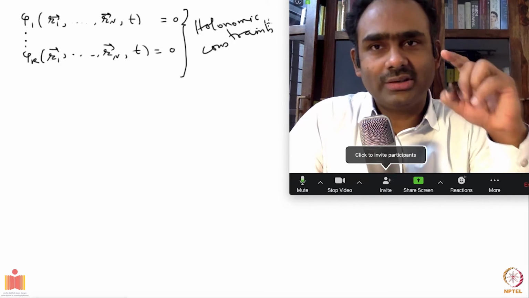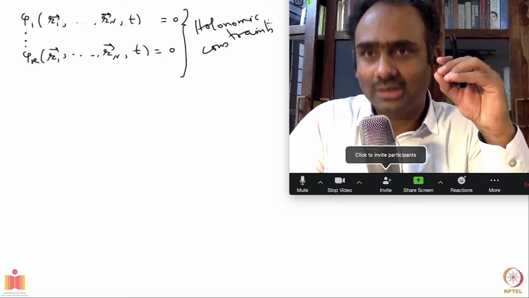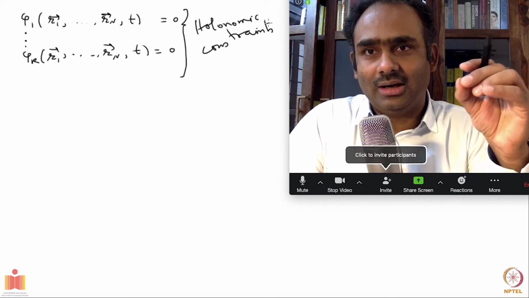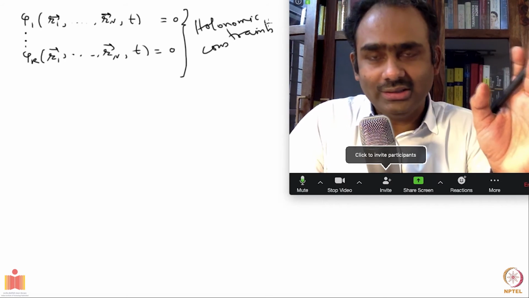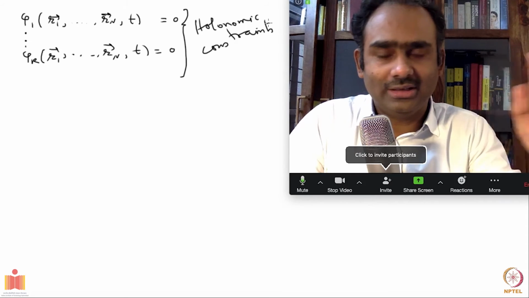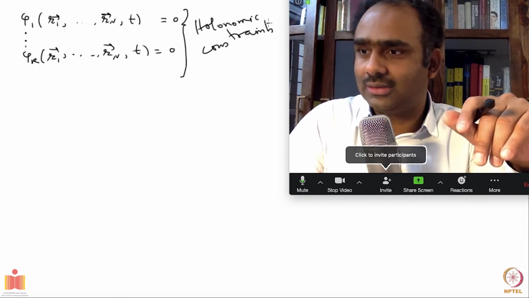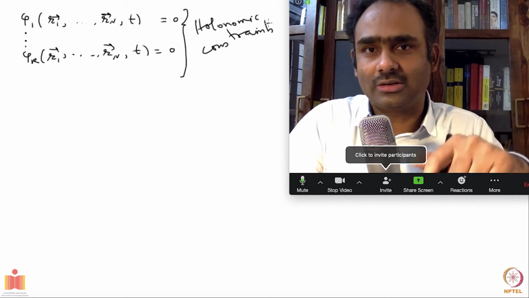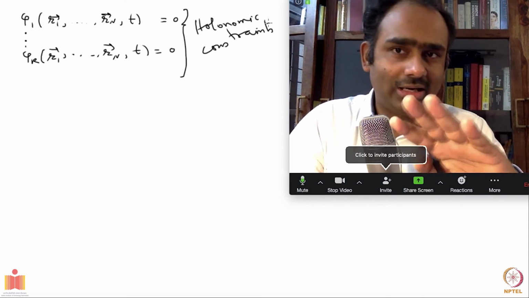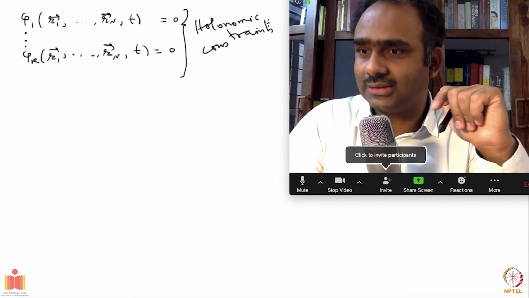If your constraints cannot be put in this form, meaning you cannot write down functions specifying your constraints, then they are not holonomic. There are different kinds of non-holonomic constraints. We are not bothered with them. We will only restrict ourselves to these. And note that I have allowed for time dependence in here. So time dependence is fine for us.